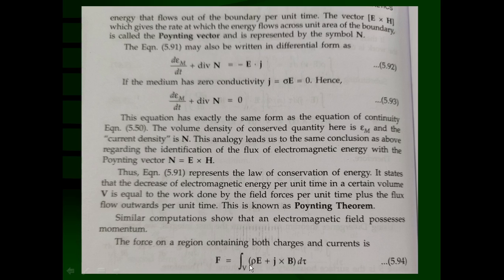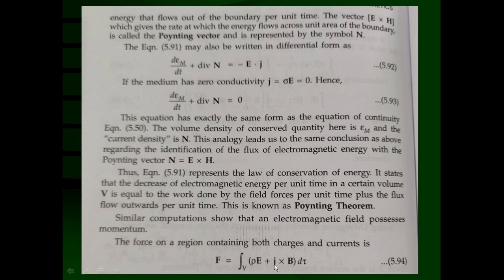Here Q is replaced by the volume integration of ρ dτ. So ρ E dτ is the electric force exerted on the charge density ρ, plus ρ v, that is ρ times velocity, which is nothing but the current density J.